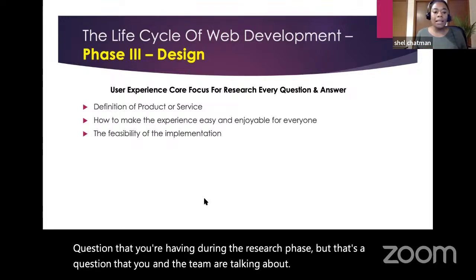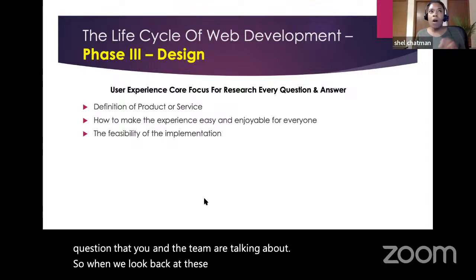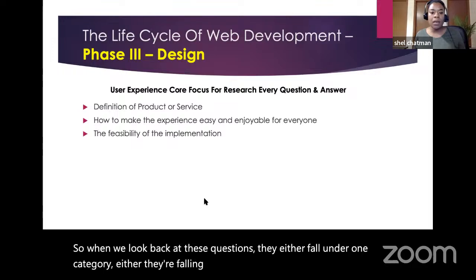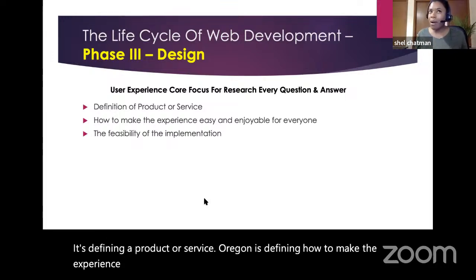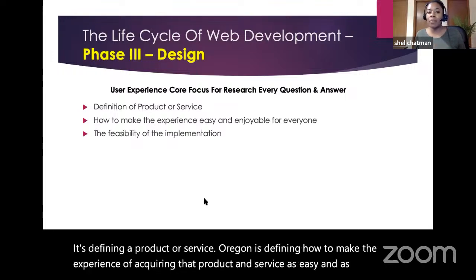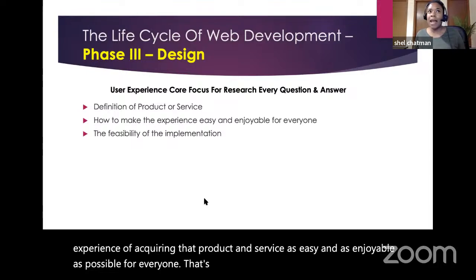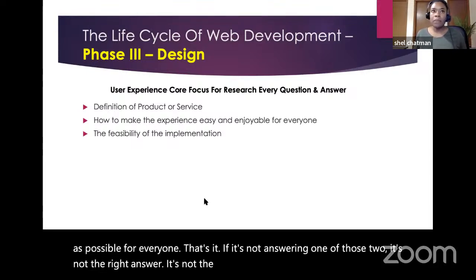So when we look back at these questions, they either fall under the category of defining the product or service, or defining how to make the experience of acquiring that product and service as easy and as enjoyable as possible for everyone. That's it. If it's not answering one of those two, it's not the right answer or it's not the right question.